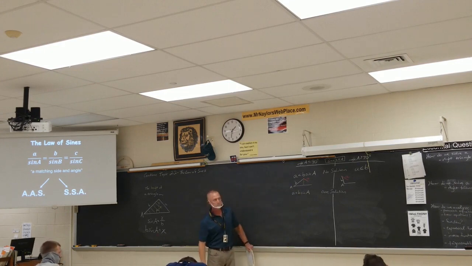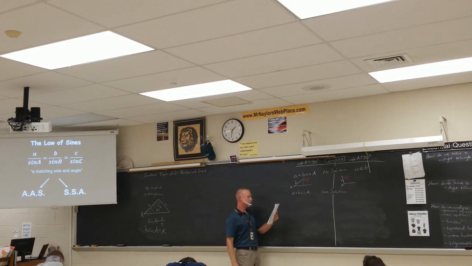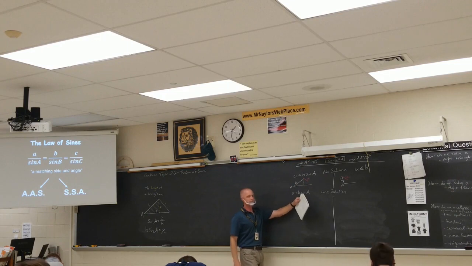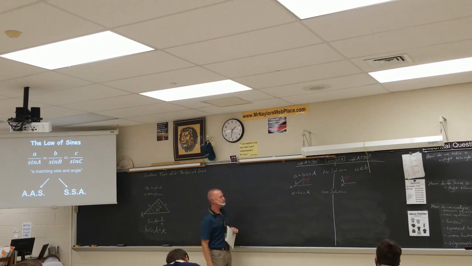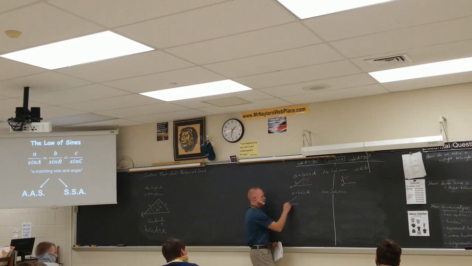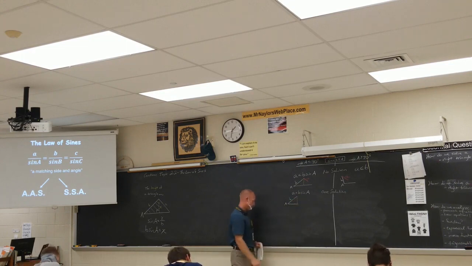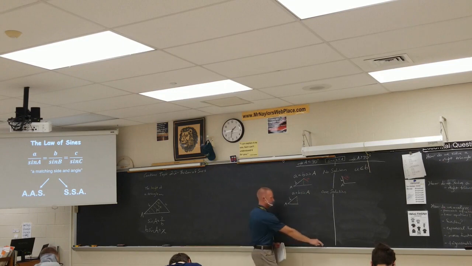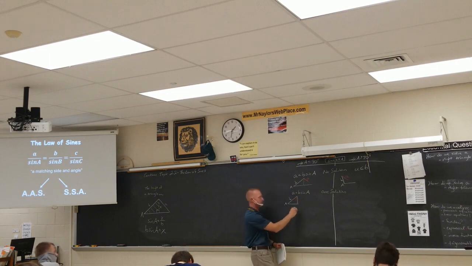And you do make a triangle if A equals B sine A. Well, that means that A equals the height. That means that A is the height.